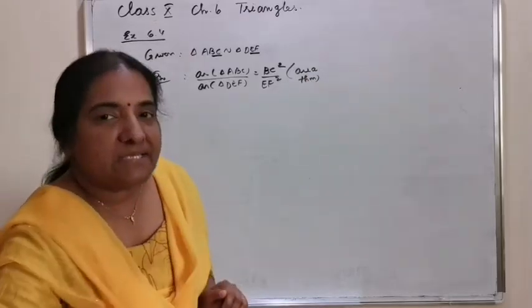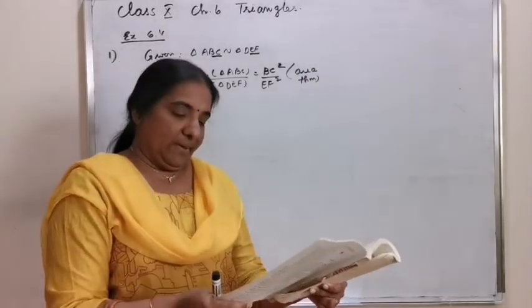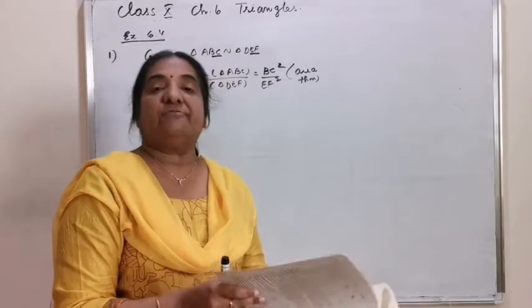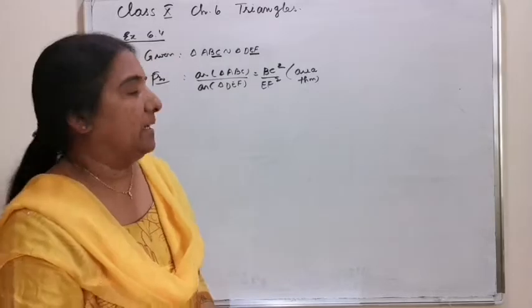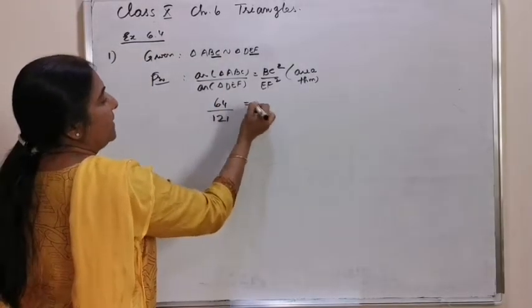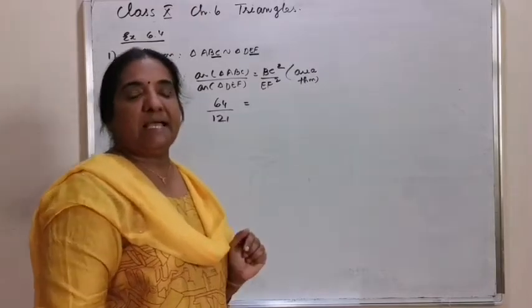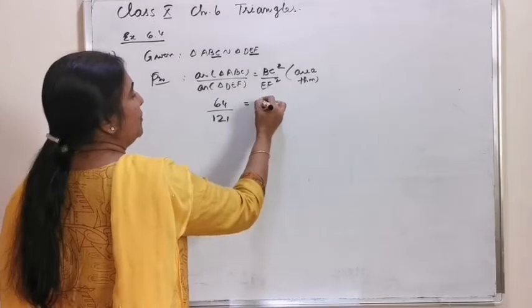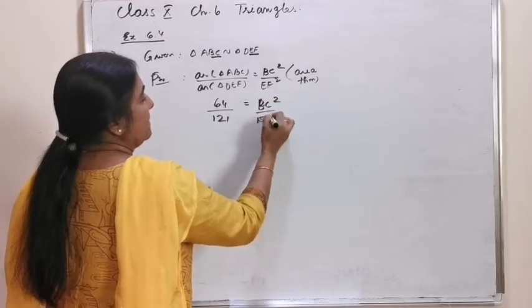Area of triangle ABC is 64 and area of triangle DEF is 121, so 64 divided by 121 is the same as BC, which has to be found out, squared by EF, whose length is given as 15.4, squared.